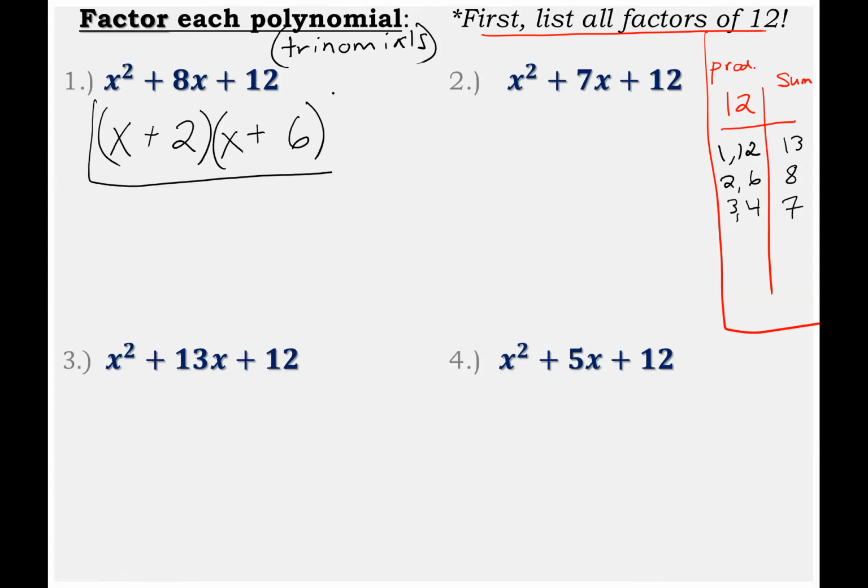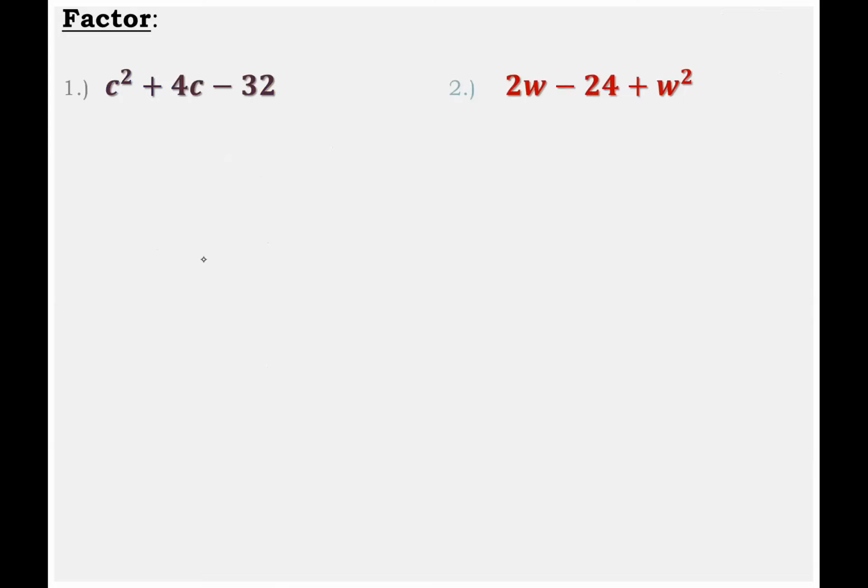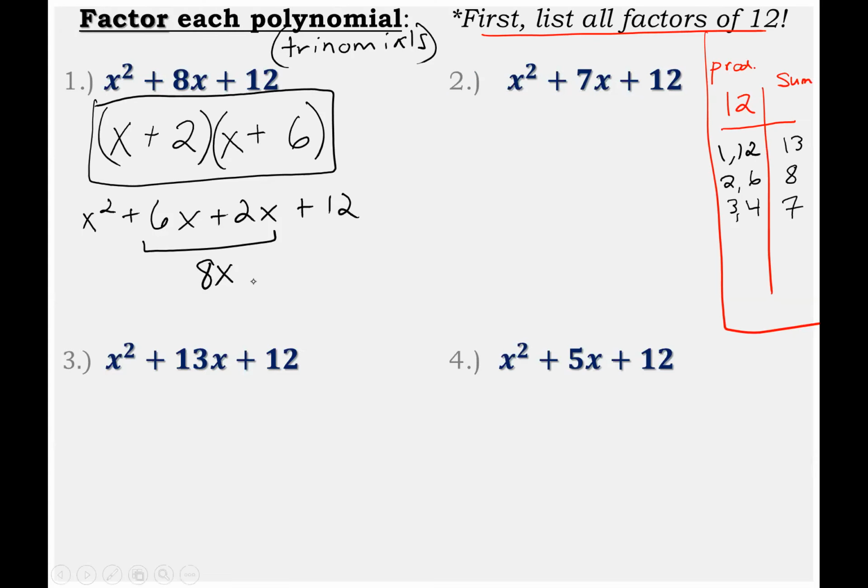This would be my answer, x plus 2 times x plus 6. Or I could write x plus 6 times x plus 2. Either order is fine. When I distribute, I would get x squared plus 6x plus 2x plus 12. Here's my sum that I'm looking for. Those middle terms need to add up to 8x. And of course, they multiply to 12.